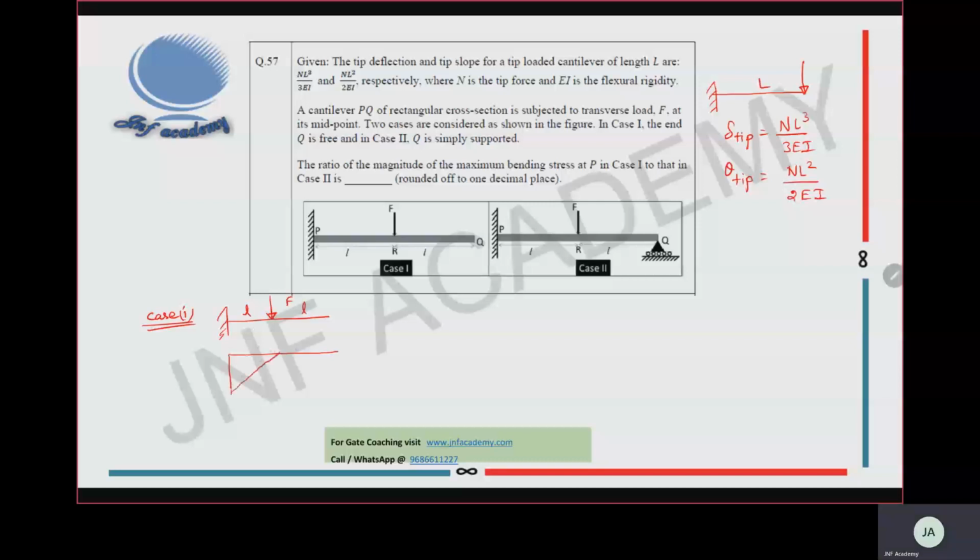That's why I'm using this. FL. So the centroid will lie over here, 1/3 from the larger side or 2/3 from the zero side. Okay. Now, from this, I can find out the deflection at the tip due to midpoint load on a cantilever beam.